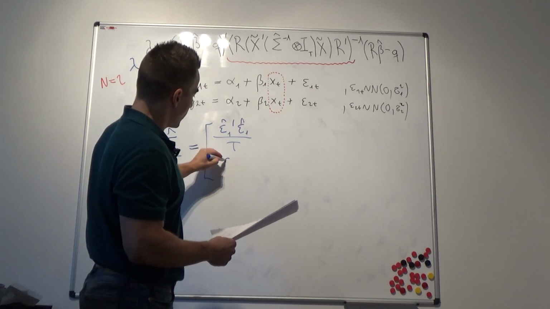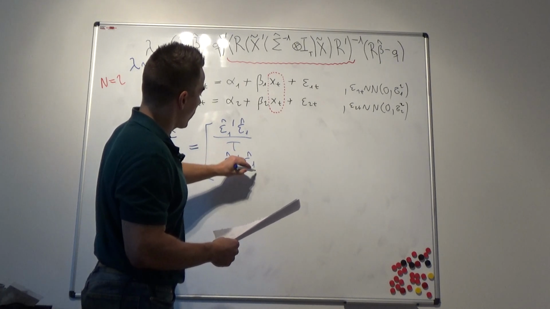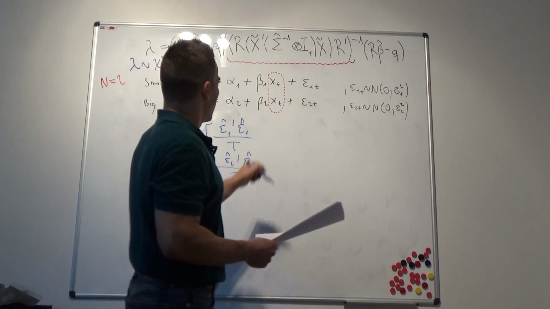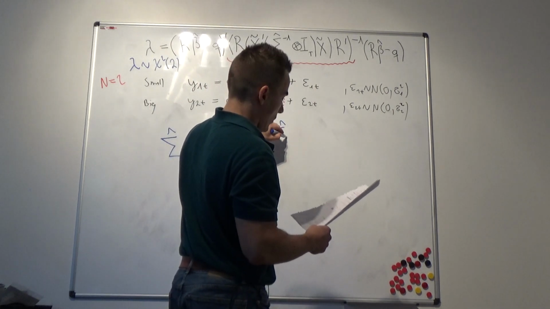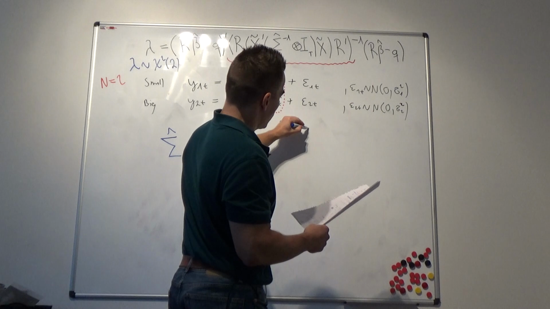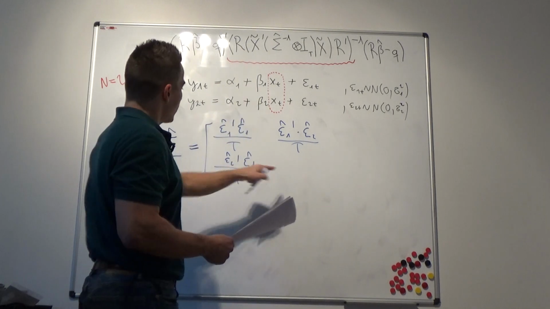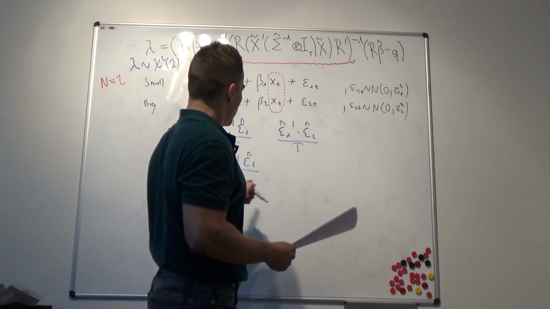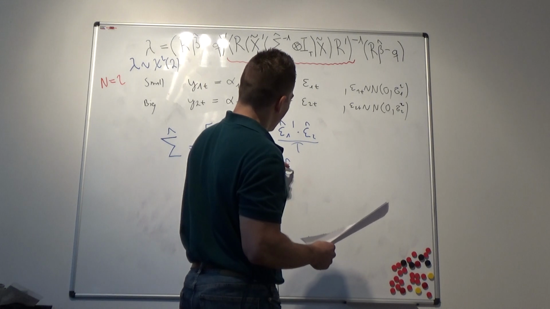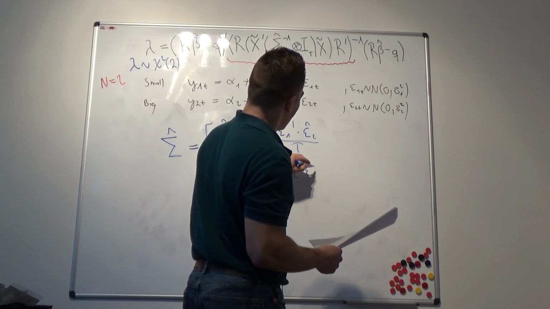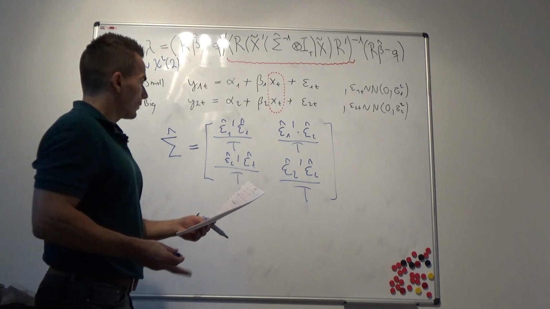Here the second element is epsilon hat 2 transposed times epsilon hat 1, divided by T. The second element in the first row is epsilon hat 1 transposed times epsilon hat 2, divided by T. And the last element, the second element on the main diagonal, which is the second element in the second row, is simply, how can it be else, epsilon hat 2 transposed times epsilon hat 2, divided by T. So all these are numbers, obviously.